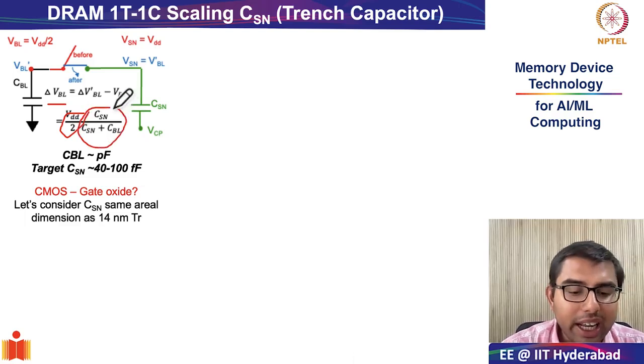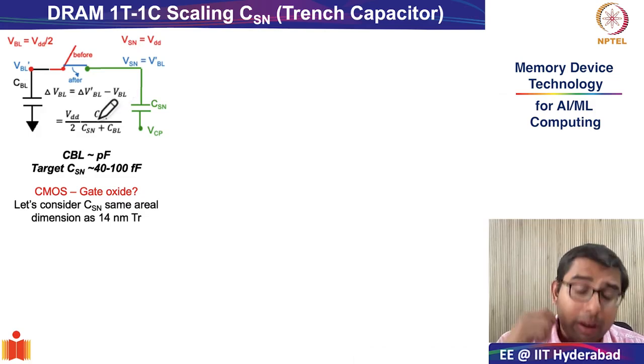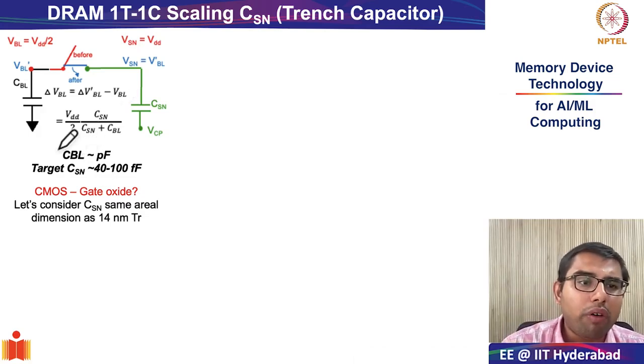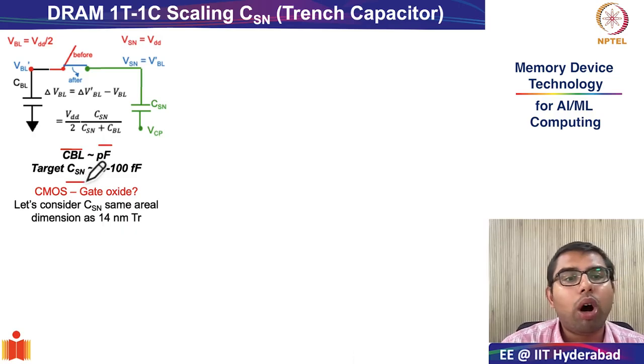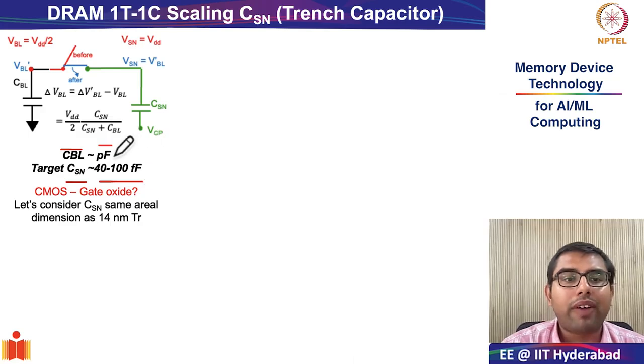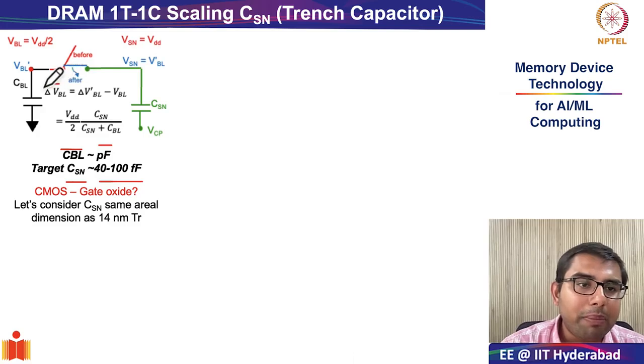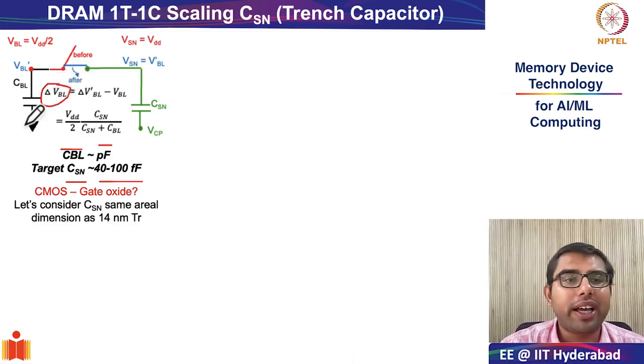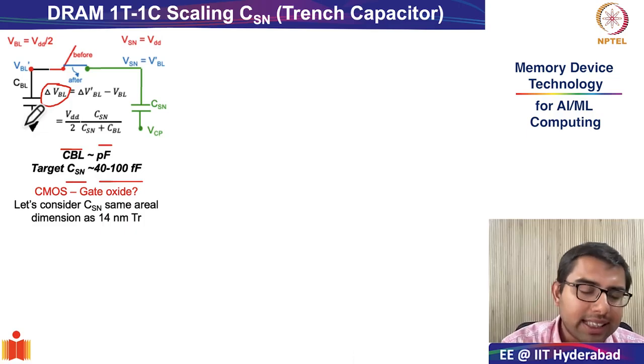The charge sharing ratio mandated that if the bit line capacitance is on the order of femtofarads, the storage node capacitance CSN should be on the order of 40 to 100 femtofarads. Why? If the value is much lower than 40 to 100 femtofarads, the delta VBL that your sense amplifier will see will be very, very small, and therefore your sense margins will go for a toss.